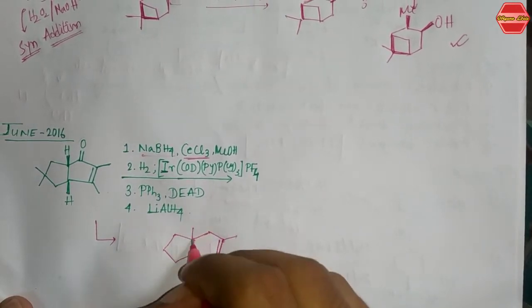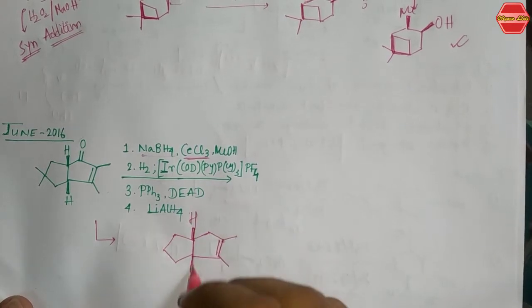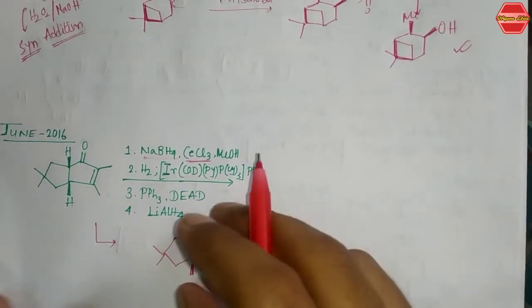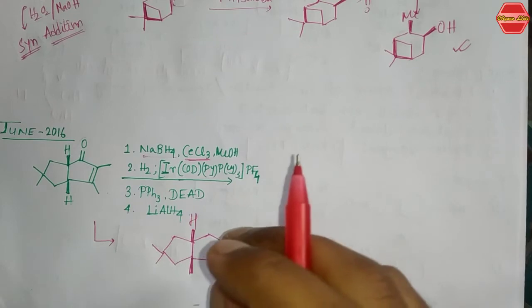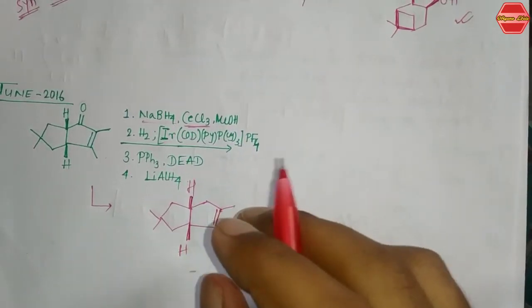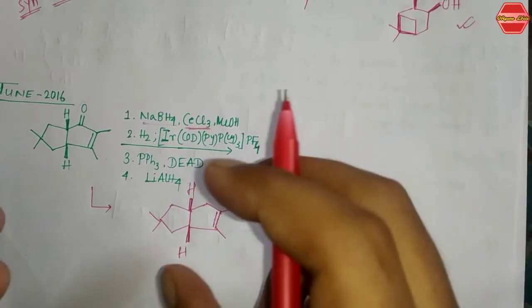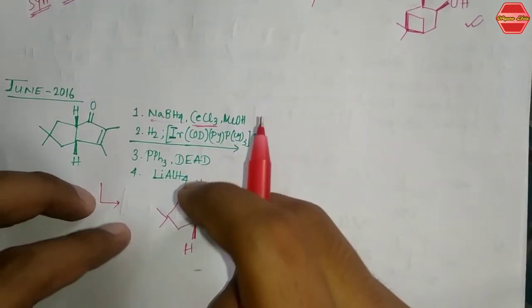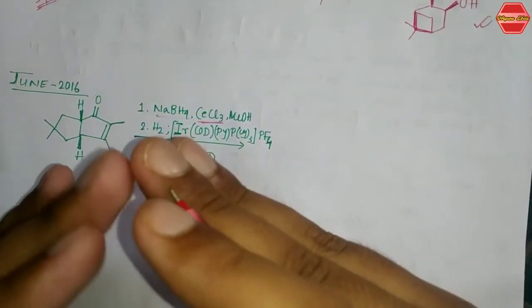Now what will be the product? You can see here that the hydrogen is below the plane. Sorry, this is not below the plane, it is above the plane. So if the hydrogen is above the plane, this overall 2 5-membered ring looks like this.